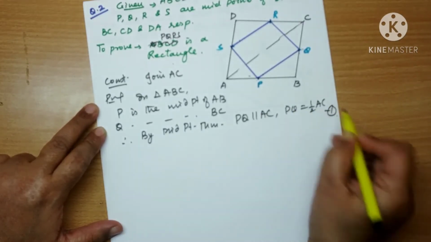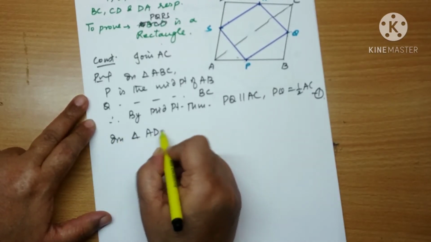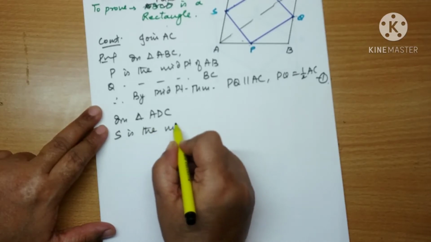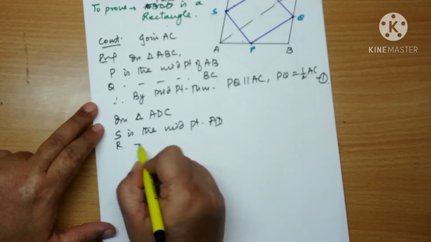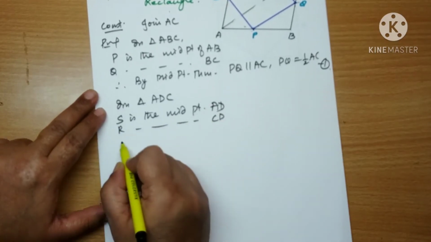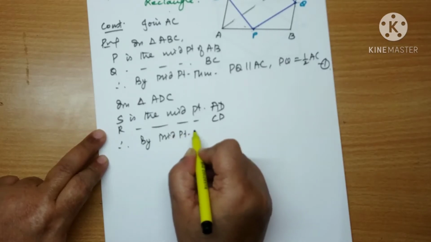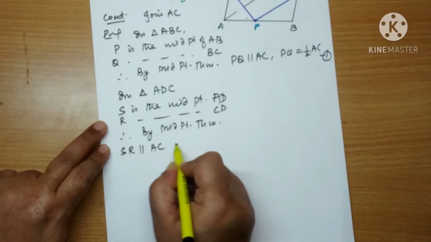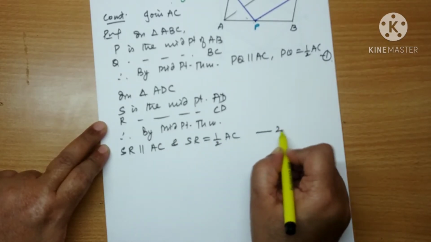This is my result 1. Now in triangle ADC, we have S is the midpoint of AD and R is the midpoint of CD. Therefore, again by the midpoint theorem, I get SR is parallel to AC and SR is half of AC. This is my result 2.